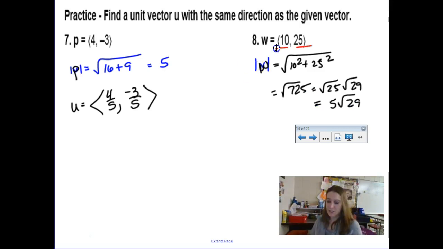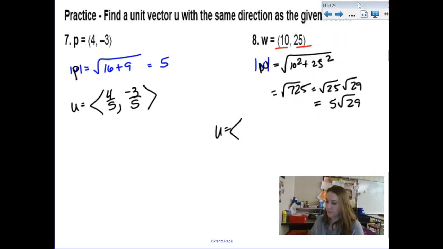So if I divide each of these by 5 square roots of 29, my unit vector is going to need a little bit of work because I have to simplify a bunch. We have 10 divided by 5 square roots of 29, comma, 25 divided by 5 square roots of 29.